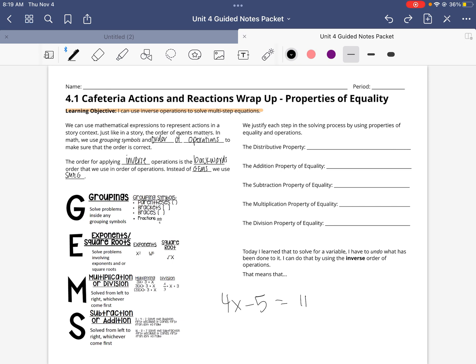You can't undo a knot by starting at the first step of tying the knot. You have to undo the last step first. We go backwards. So we add 5. So 4x equals 16. Now you can divide that 4 away and x equals 4. The problem is if you try to divide by 4 first, then you also have to do a whole bunch of other complicated stuff that just doesn't work. So keep that in mind.